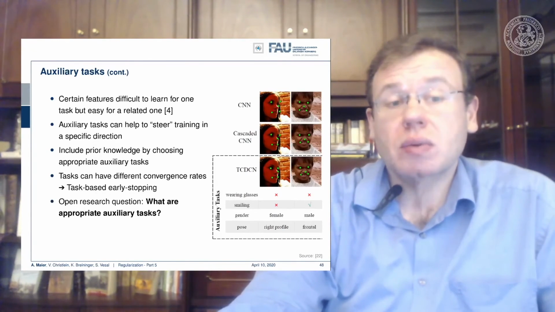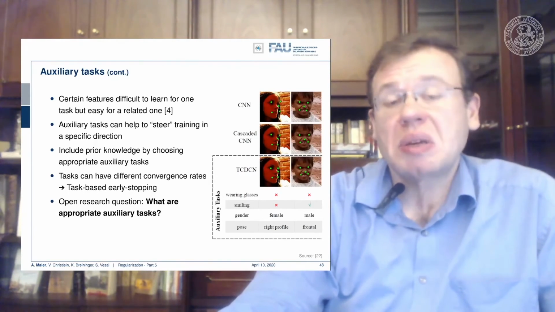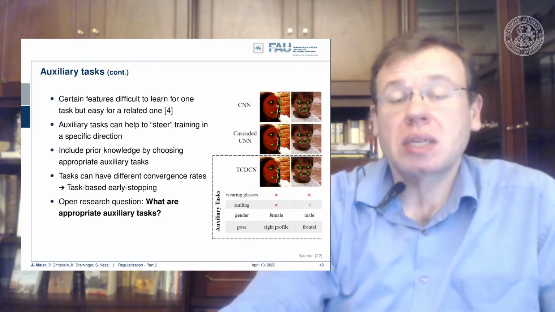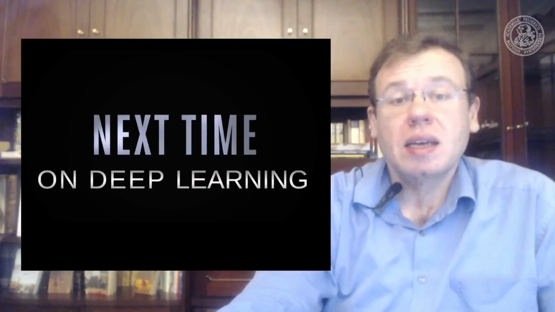An open research question is, what tasks are appropriate auxiliary tasks? This is something we cannot generally recommend, but it is typically determined by experimental validation. And there is very little theory behind the best solutions that we have at the moment.